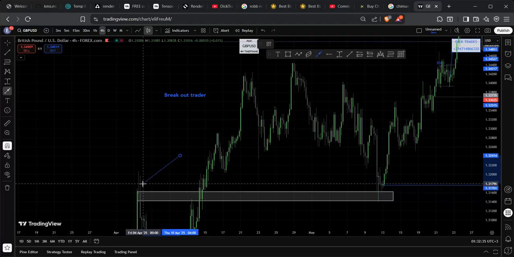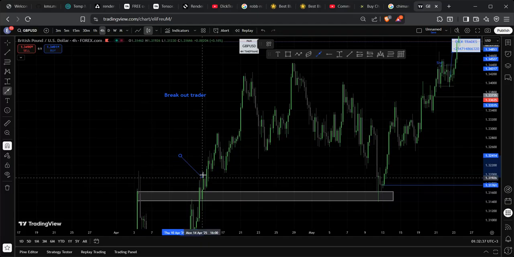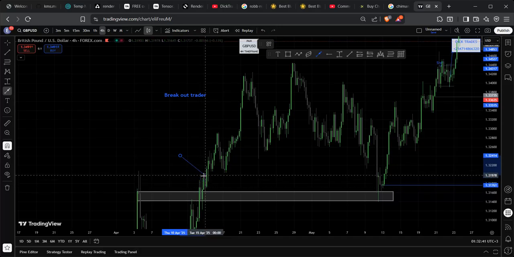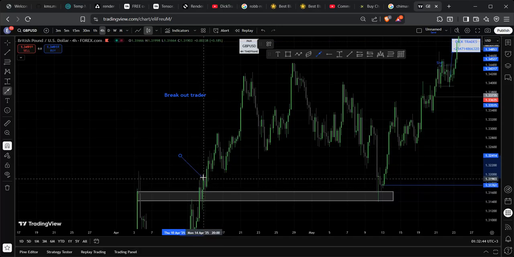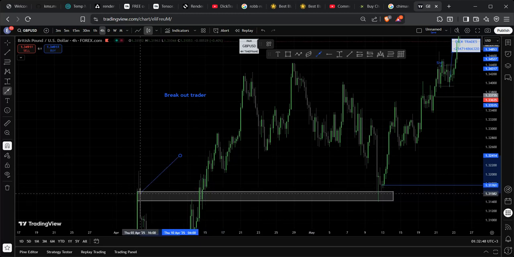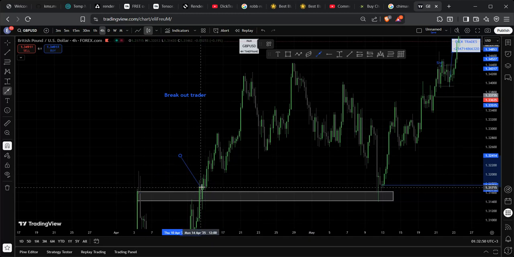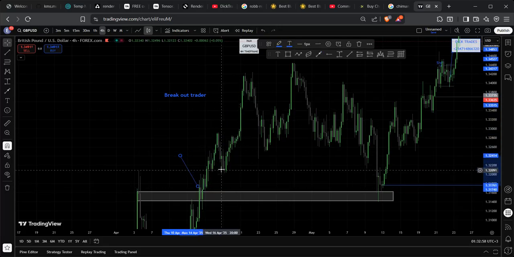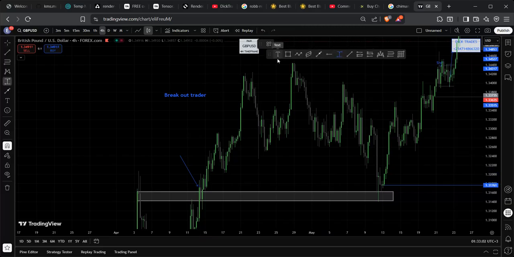When price breaks through this level, which happened here, and closed above, then shot up, he takes immediately. It breaks this level and closes over here. He takes his entry. So this is where he took his entry. Buy. Where is the text? Bought here.